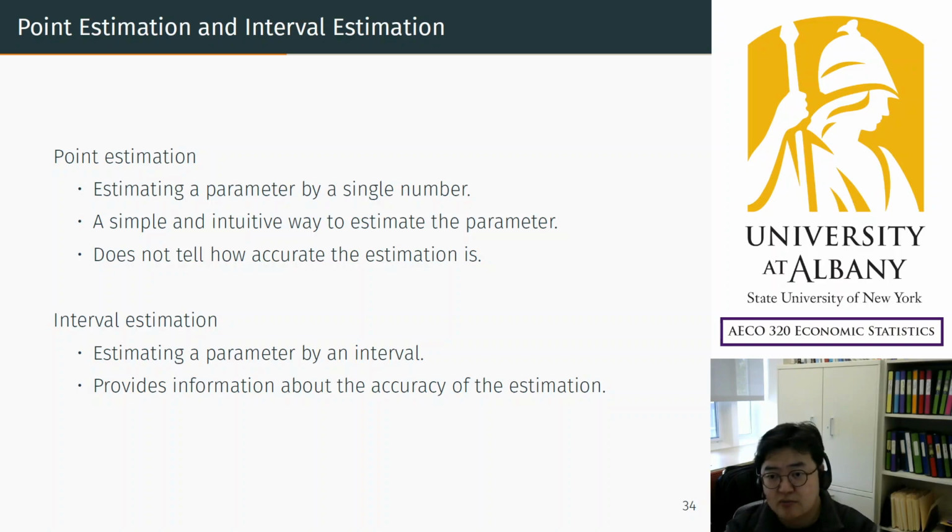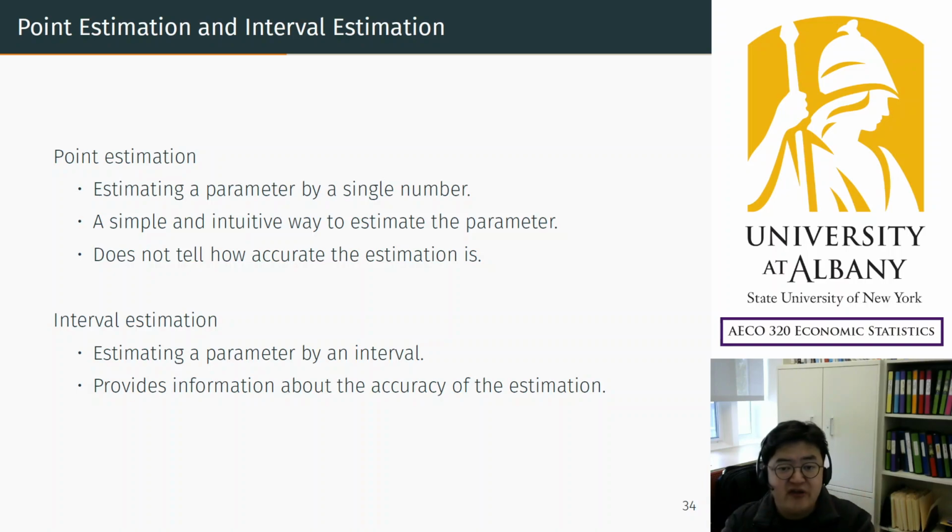So, a due date of February 15th is important information, but does not say how much I have to rely on this. Instead, interval estimation is estimating one point using an interval, so it provides information about the accuracy.